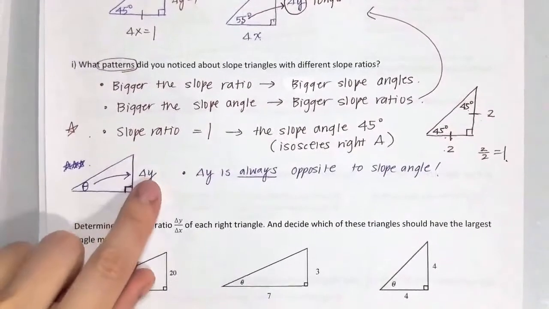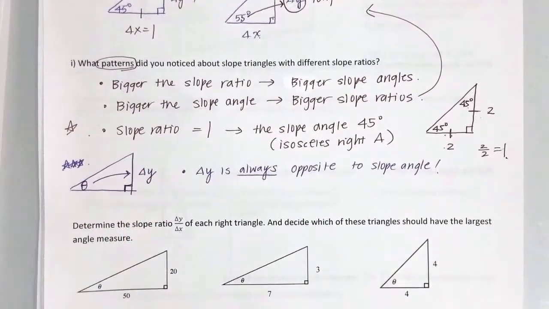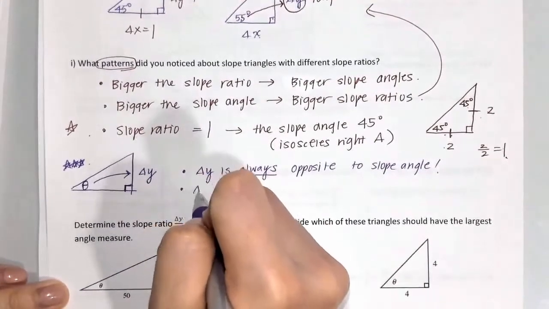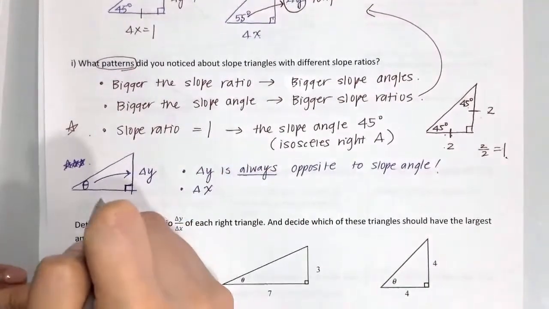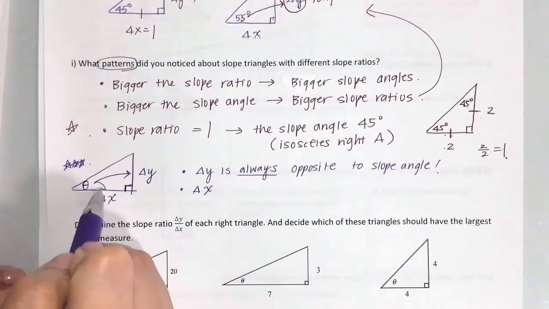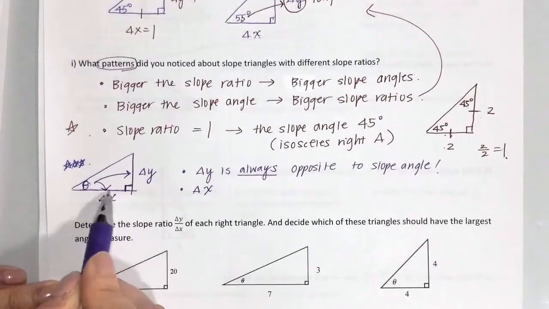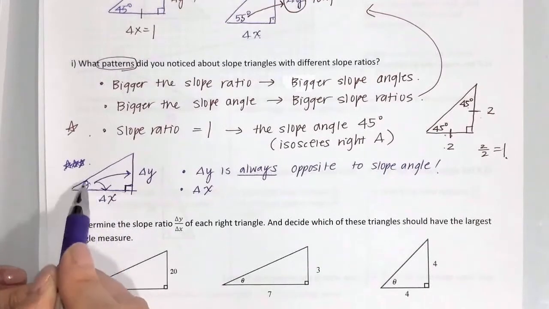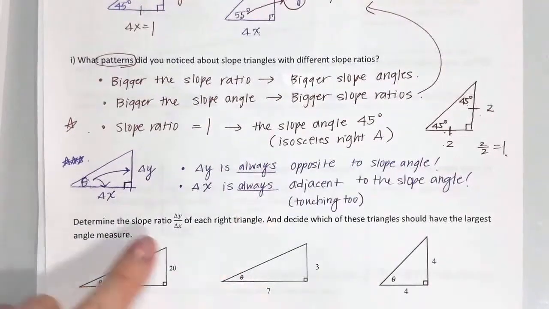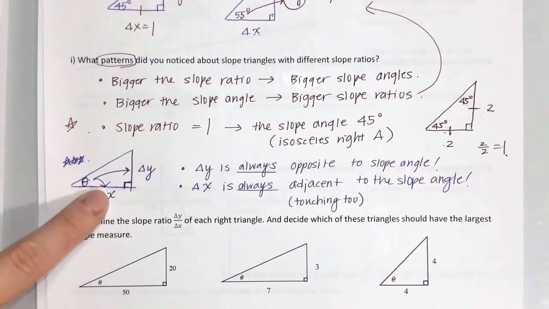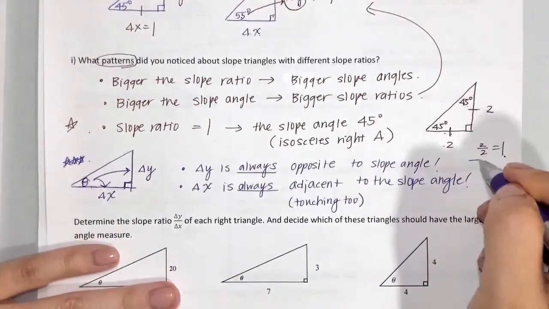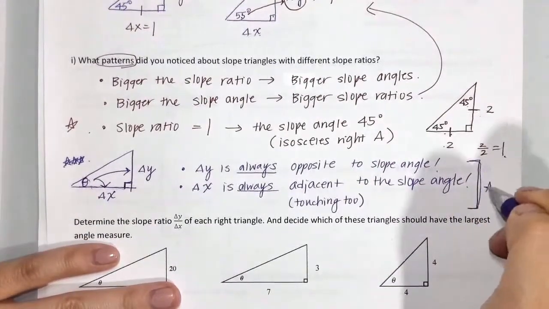Delta y is always going to be opposite to the slope angle. That's really important. And then what about delta x? Delta x would be down here, and what we're going to say, it's always adjacent. It's always touching the slope angle. It's always next to it. It's always adjacent to the slope angle, but also touching the slope angle. Please make sure you write that down and keep that in mind.